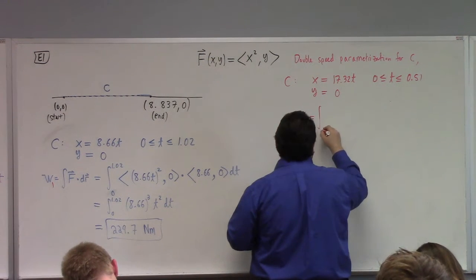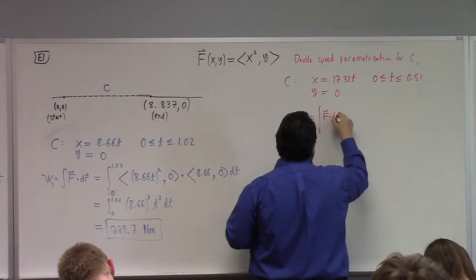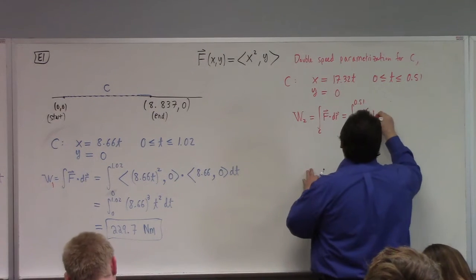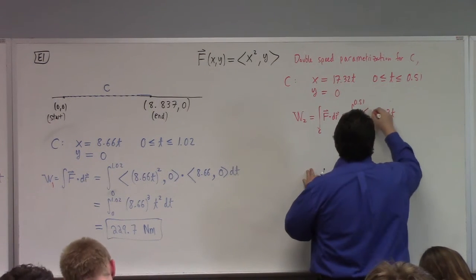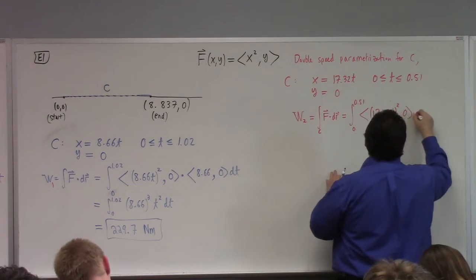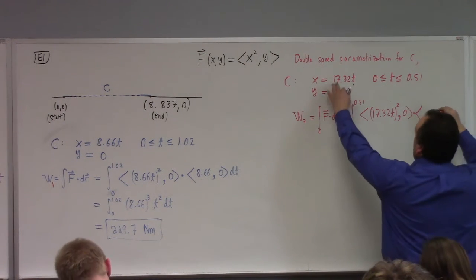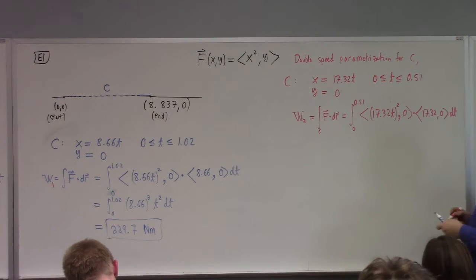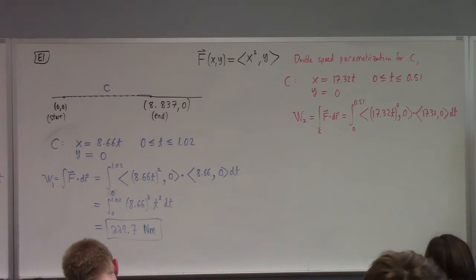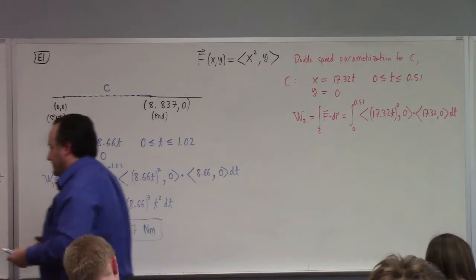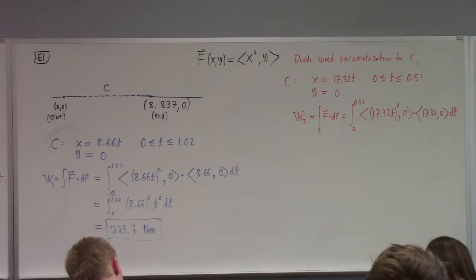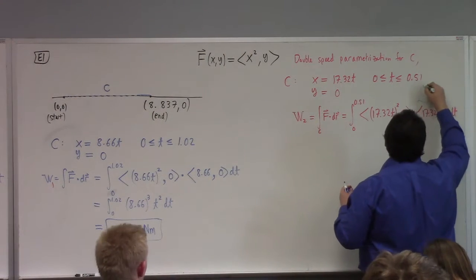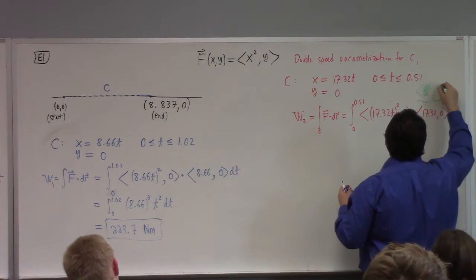So you're integrating over the curve of F dot dr. So this is the integral from 0 to 0.51. We plug in 17.32 t squared, comma 0. We take the dot product with the velocity, which here is 17.32, comma 0, dt. Just to be clear, what I'm doing here, guys, is this is dx/dt, dy/dt, okay?